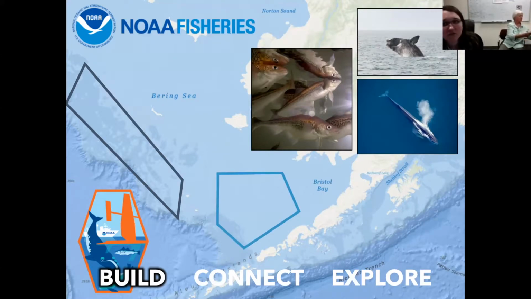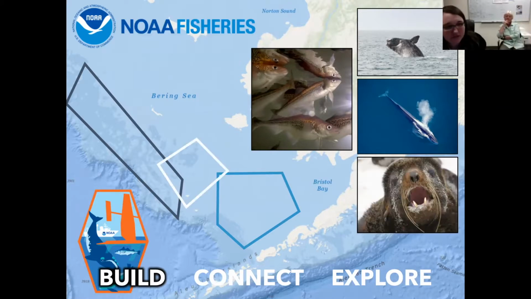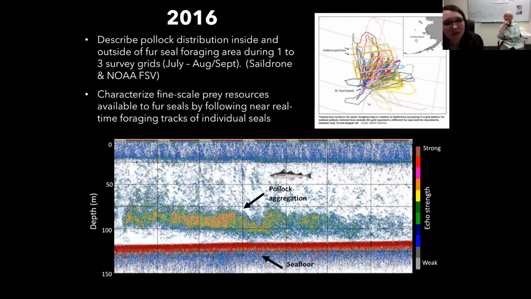We're also looking for North Pacific right whale and other whales presence using the acoustics on board the Saildrone, and then linking both of those to the declining fur seal population in the Bering Sea and understanding what its food and prey availability is and whether or not that's linked to this decline.